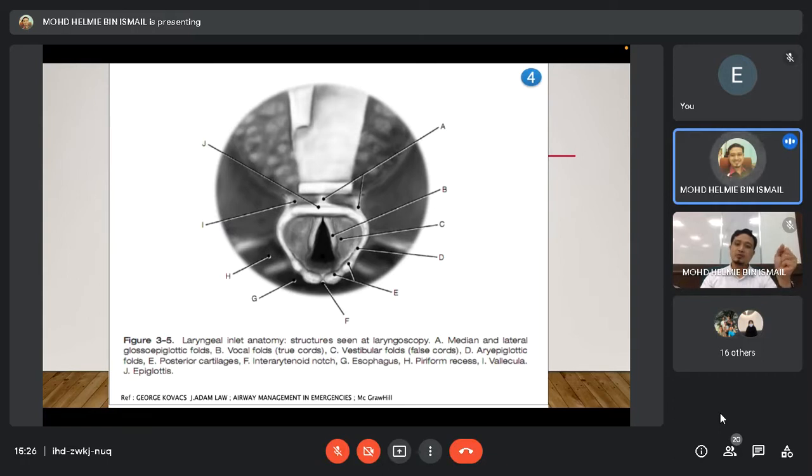Even though you can see the true vocal cord, you cannot intubate because your angulation is more anterior, so it becomes difficult to insert the ETT. So make sure the angulation is good and the Cormack sign doesn't appear during intubation.